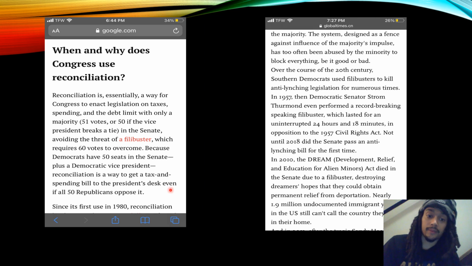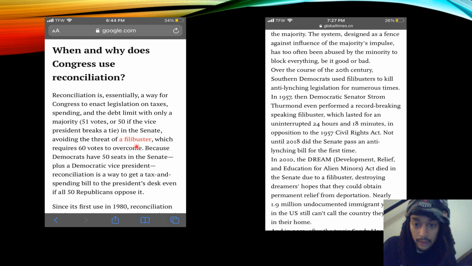So yeah, this reconciliation is a way to enact legislation on taxes and spending. And currently, Vice President Kamala Harris broke a tie to get a bill passed, and that was an example of reconciliation, and that's recent, you know.